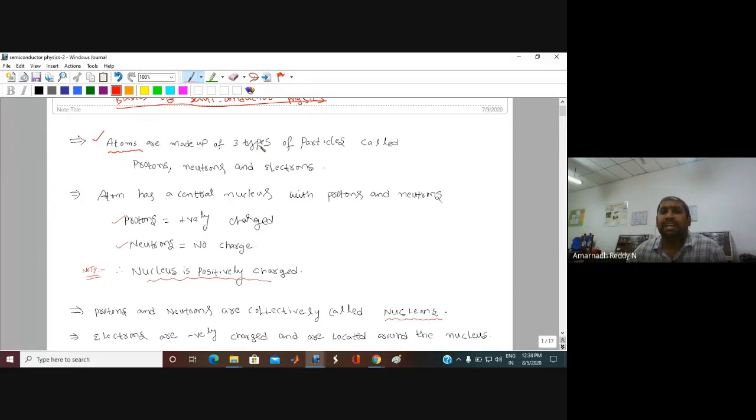Atoms are made up of three types of particles called protons, neutrons, and electrons.